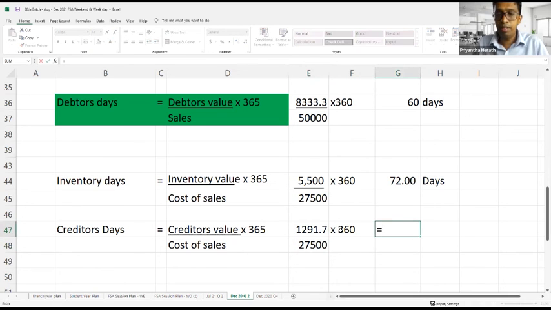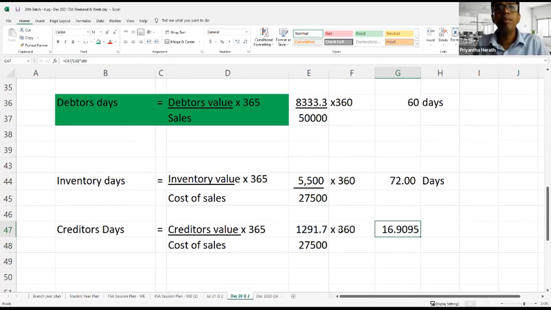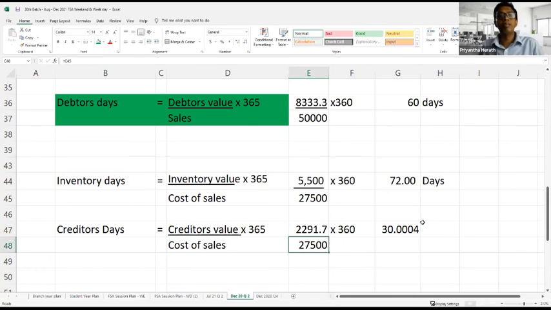So number of days, creditors days, 30. Yeah, it's 30 days. So creditors days is 30.